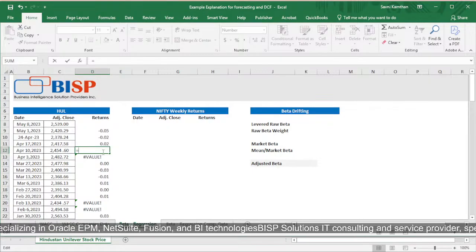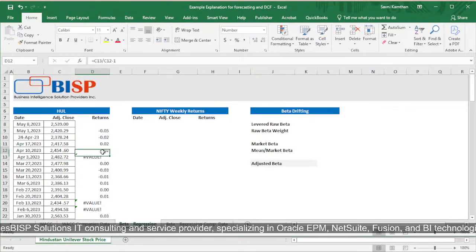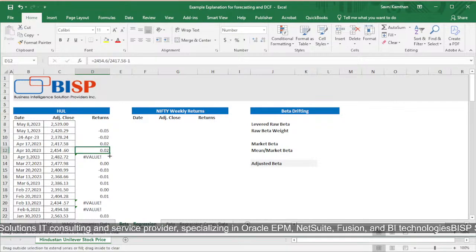So we can do manual entry, like 2454.60 divided by 2417.58 minus 1. So it will be showing us this.